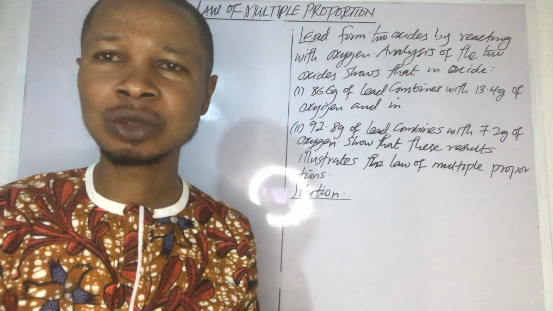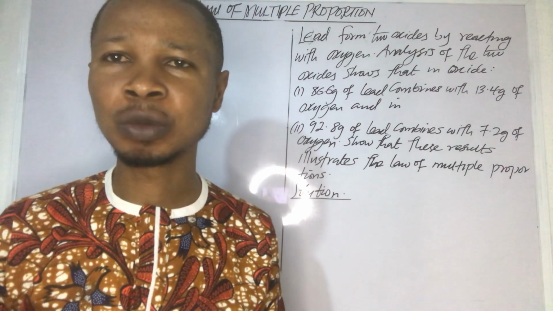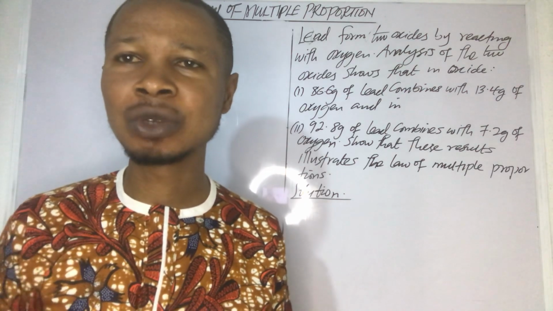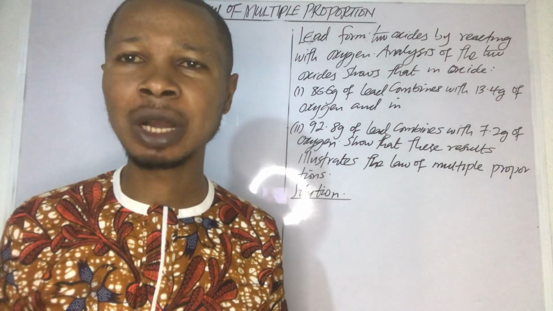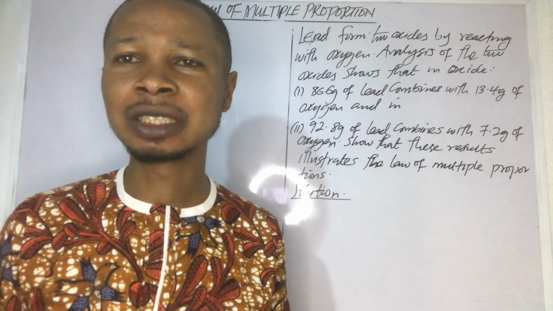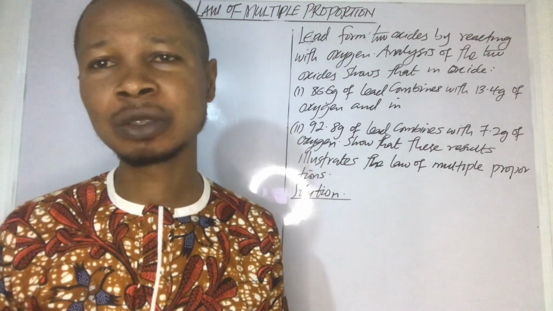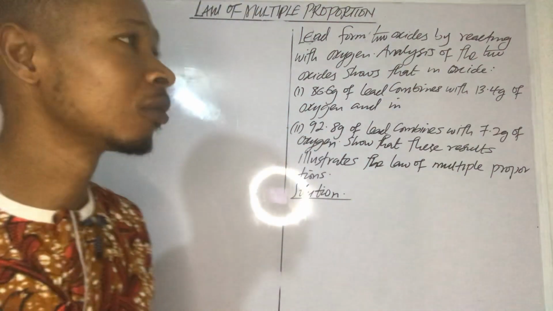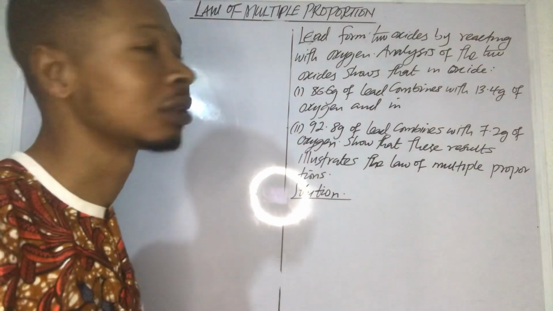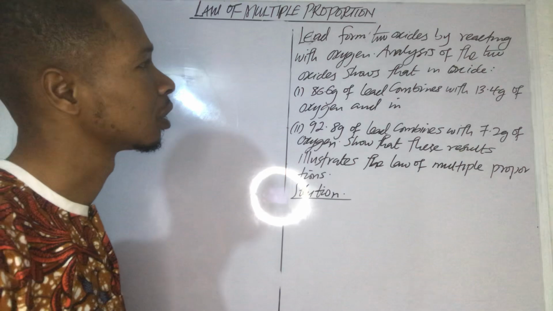So let's look at this question and use it to illustrate the law of multiple proportion. Now, lead forms two oxides by reacting with oxygen.